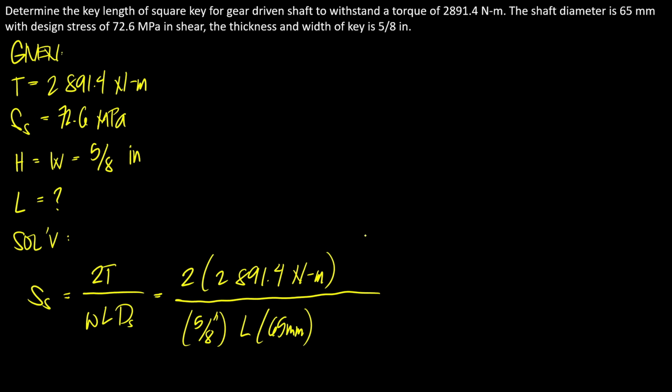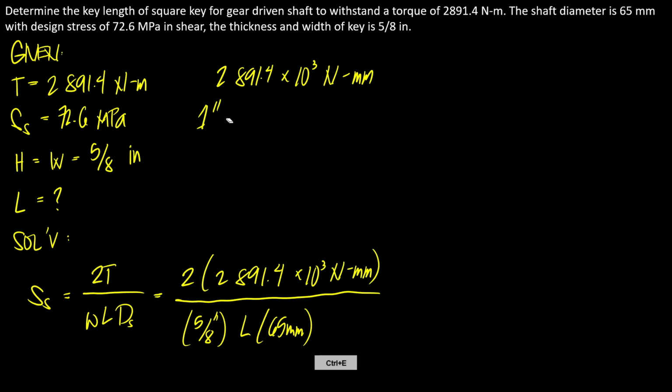So as you have observed, we have different units. So we have to convert them. Now we have 2,891.4. We just multiply it by 10 raised to 3 in order for the Newton meter to become Newton millimeter. Okay? Times 10 raised to 3 Newton millimeter. And then the 5/8, we know that 1 inch is equal to 25.4 millimeter.